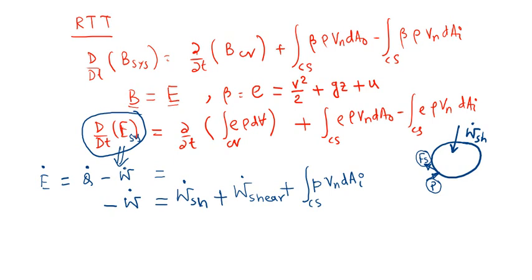We are considering the flow work coming into the system as positive, and minus P V_n dA, that means the flow work that is going out, is taken as negative. It is just the opposite sign convention that we are using, which you have to remember here. It is all about the convention, nothing else. You have to be very careful. That is the only thing that you have to remember.